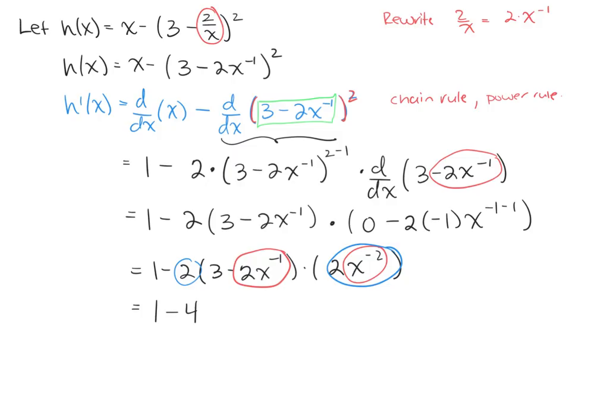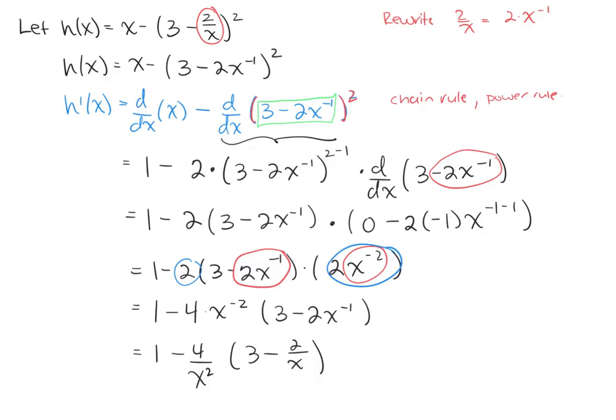That gives me 4 times x to the negative second power, times (3 minus 2x to the negative 1 power). So we continue, right? 4 times x to the negative 2 power is the same thing as 4 over x to the second power, okay? And then I've got 3 minus 2 times x to the negative 1 power, which is the same thing as 2 over x to the first power, okay?